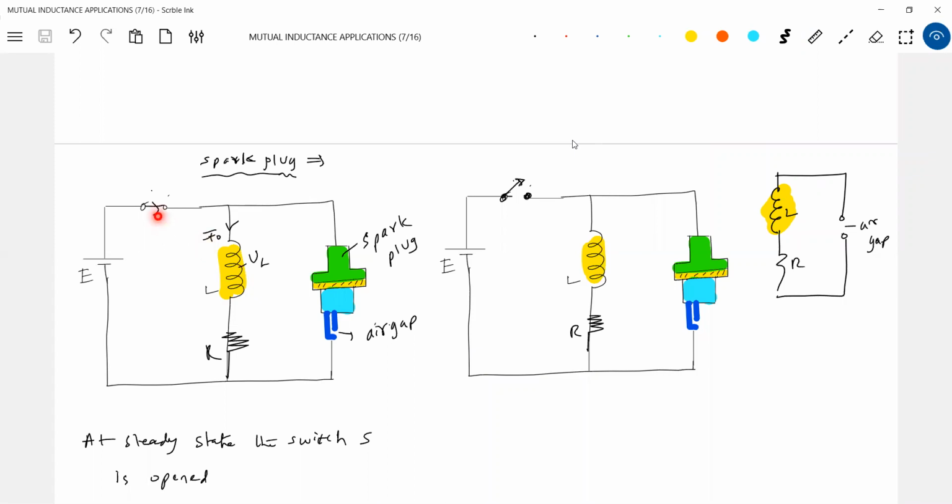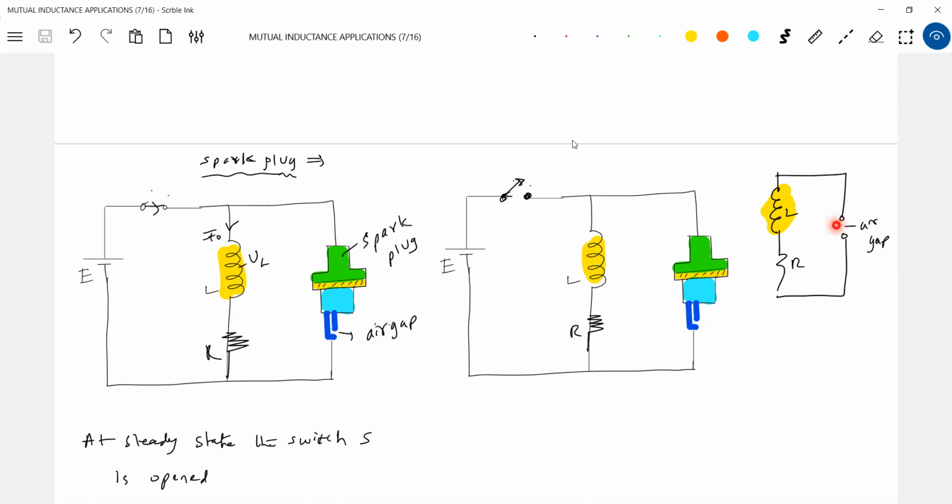The moment you open the switch, there won't be current to support this magnetic field. So what happens to the magnetic field? The magnetic field starts collapsing. Magnetic field collapsing means the rate of change of flux is non-zero, or flux varies. EMF will be induced. Due to the induced EMF, a current will flow, but this gap, an open circuit, will not permit current to flow.